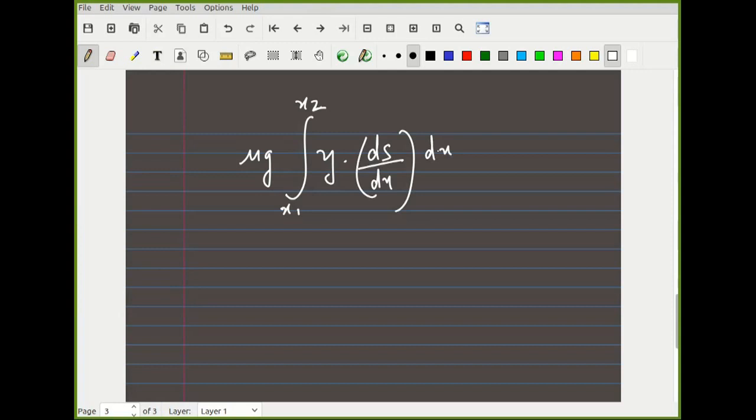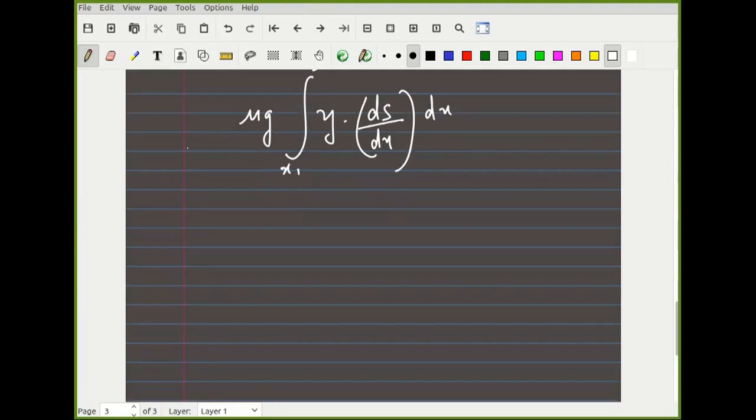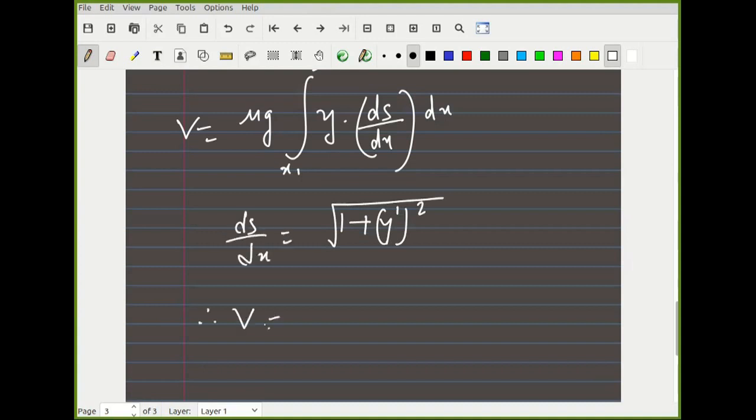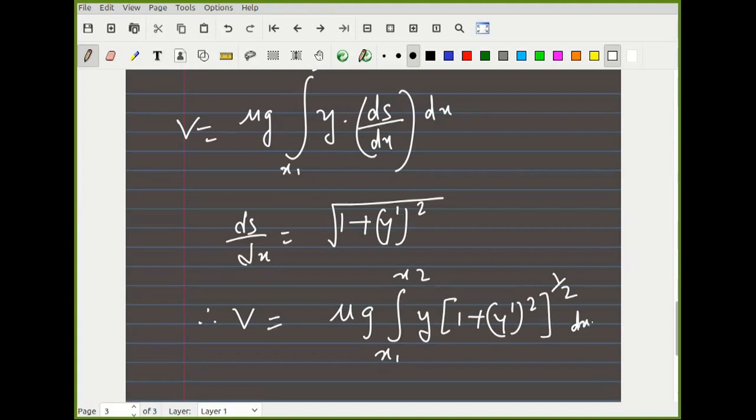We can utilize the fact that the arc length derivative is the square root of 1 plus y dash squared. So this is your ds by dx. Therefore, V equals mu g integral from x1 to x2 of y times the square root of 1 plus y dash squared dx.